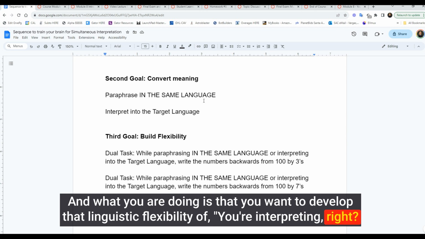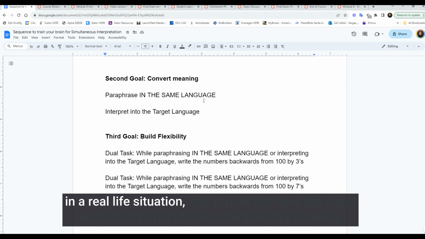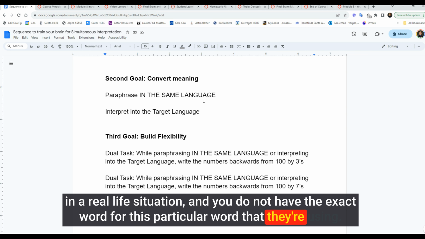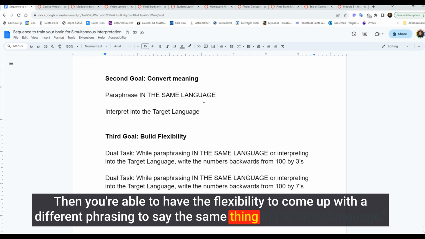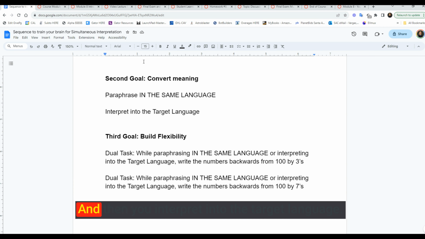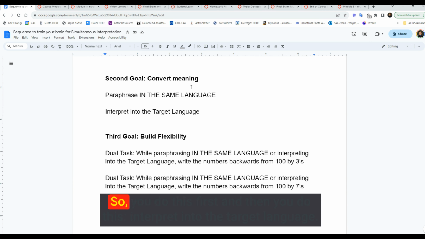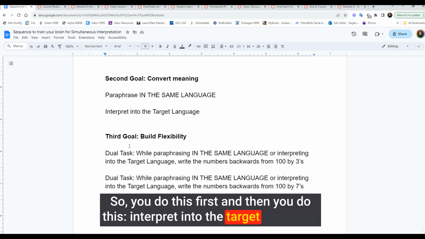In a real life interpreting situation, if you do not have the exact word for a particular word they're using, then you're able to come up with a different phrasing to say the same thing in the other language. And then you interpret into the target language. So you do this first, and then you interpret into the target language.